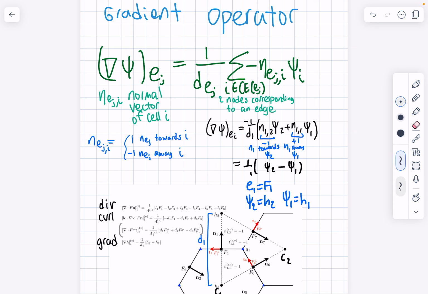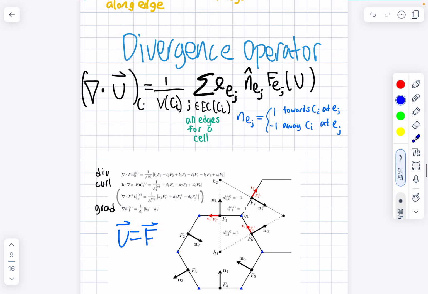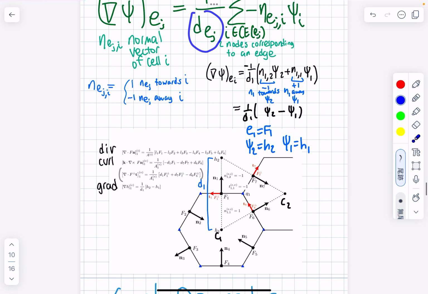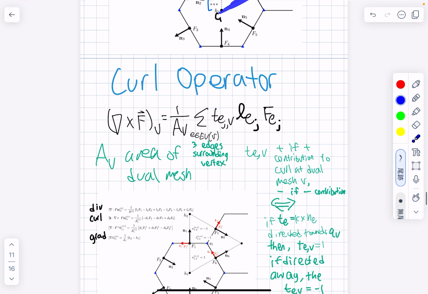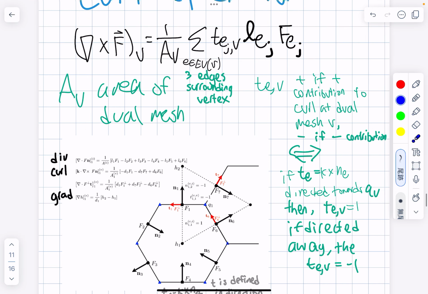Here we use D because it's the distance between the two centers. And then here, it's L again because it's the length.